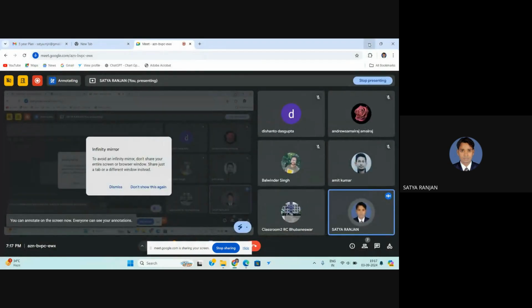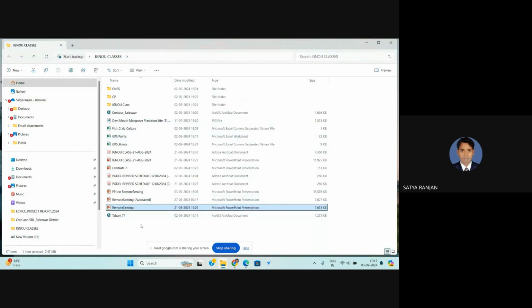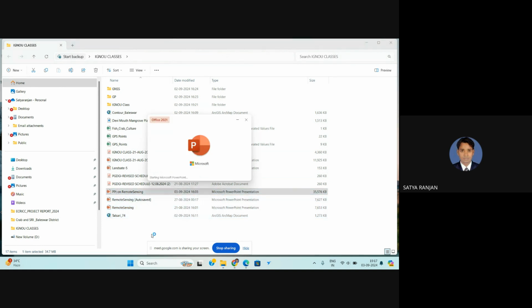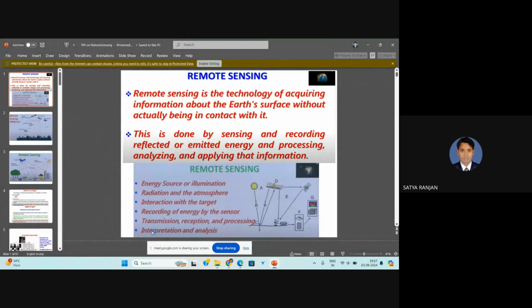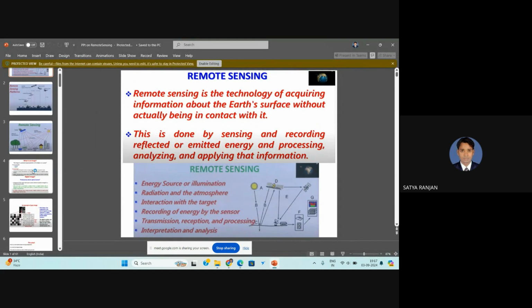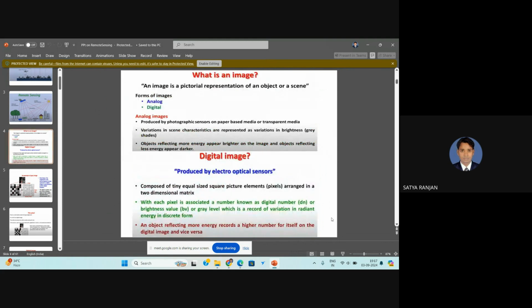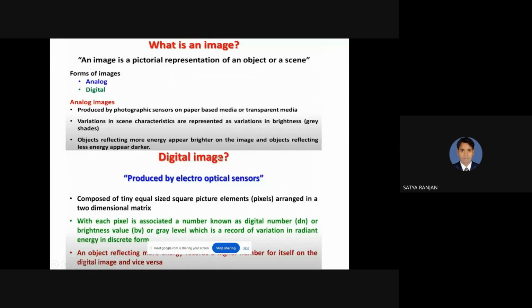Now we will discuss images and digital images. Generally, what is an image?